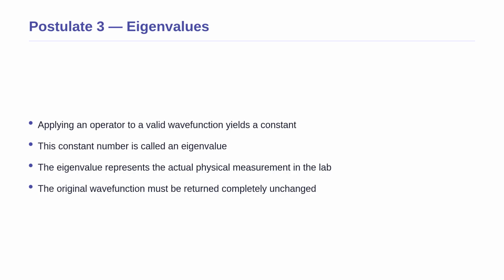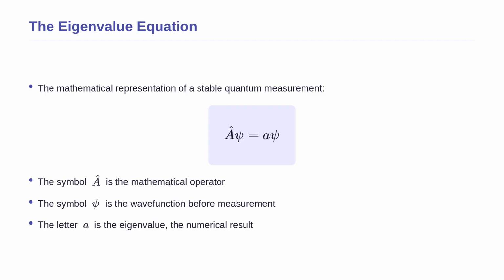The eigenvalue is incredibly important because it represents the actual physical number you would read on your measuring device in the laboratory. If the operator does not return the exact same wave function back, the system is not in a stable state. This brings us to the mathematical representation of a quantum measurement, known as the eigenvalue equation.